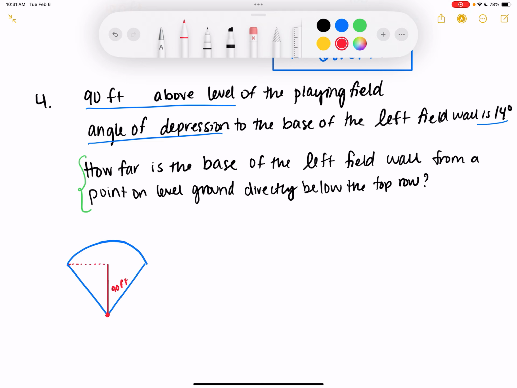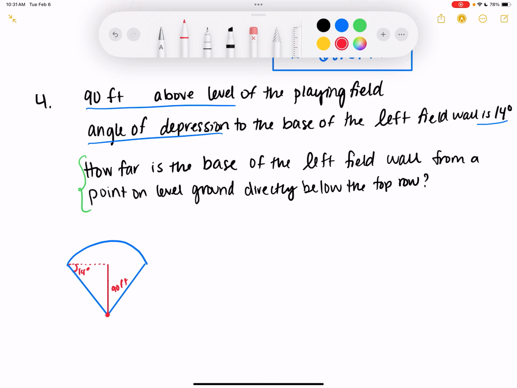The angle of depression to the base of the left field wall, so that would be over here, is 14 degrees. So imagine all of this is like being stood up on the side of the stadium.